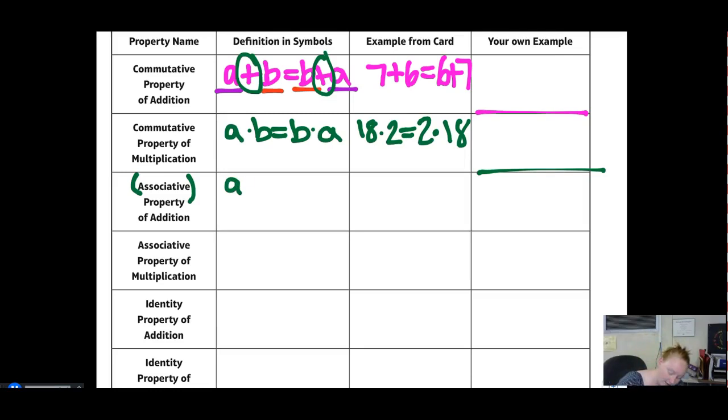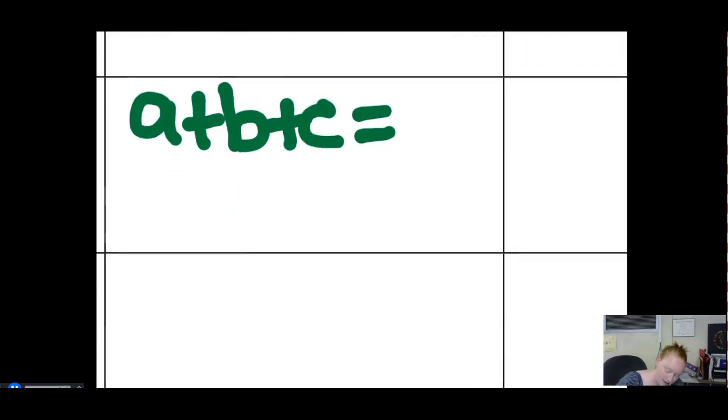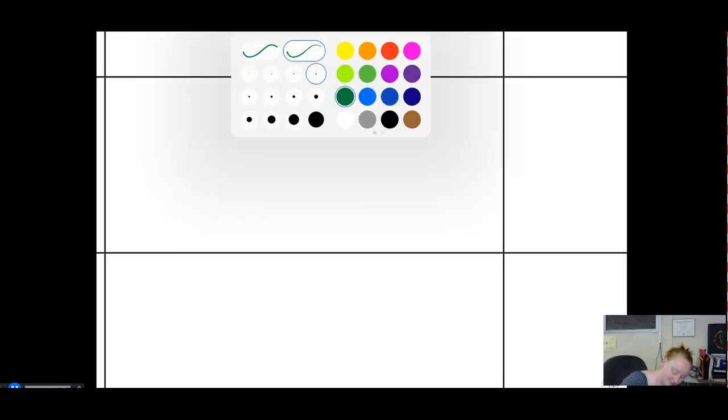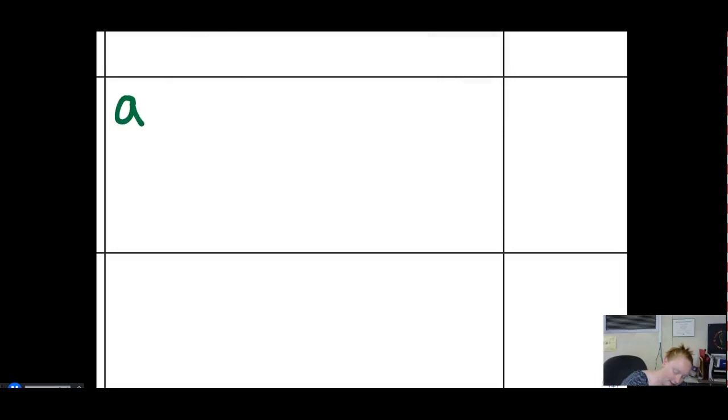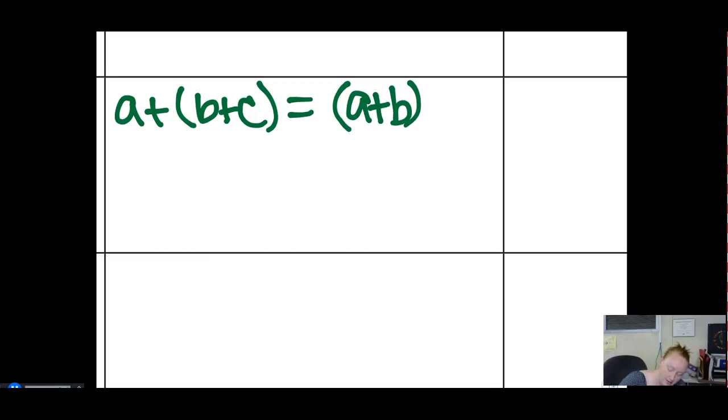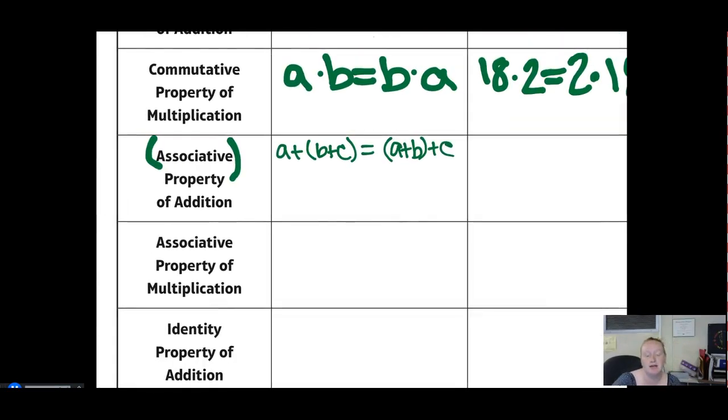So this is A plus B plus C equals, I'm going to scroll in, A plus B plus C is equal to A plus B plus C, where this changes the order in which we favor people.